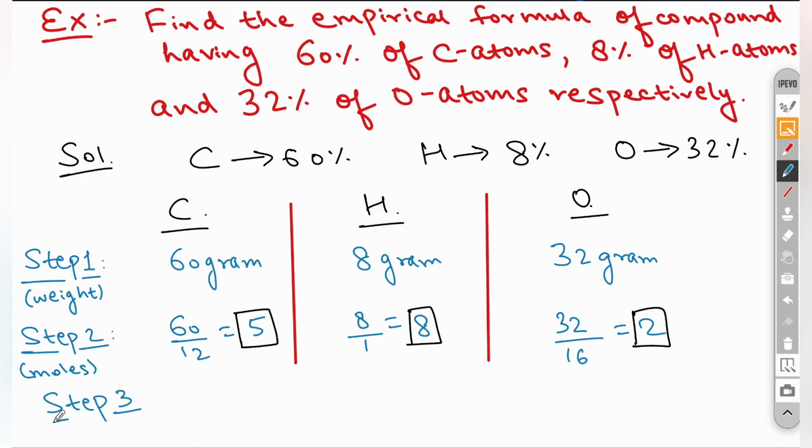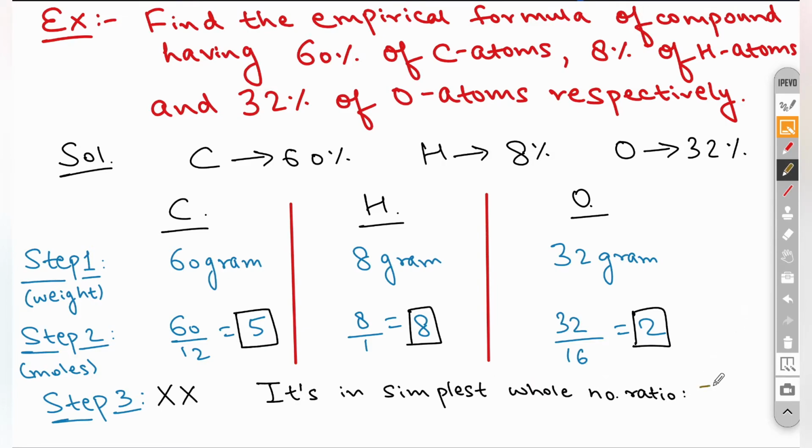So there will be no need of step 3 because it's already in the simplest whole number ratio, which is 5:8:2. So the empirical formula of this compound will be C5H8O2. This is the answer.